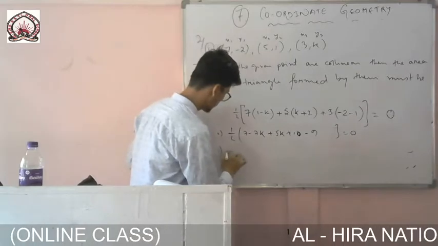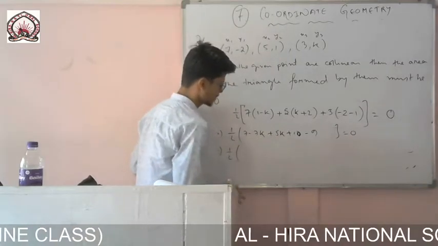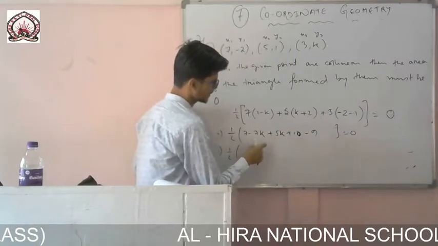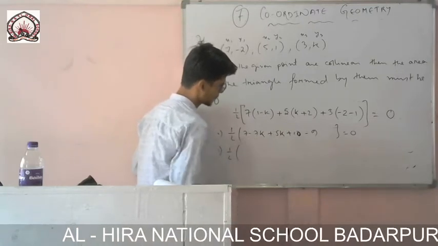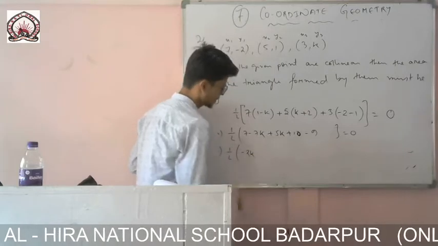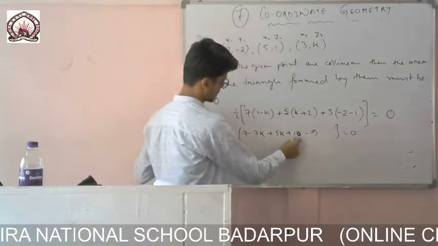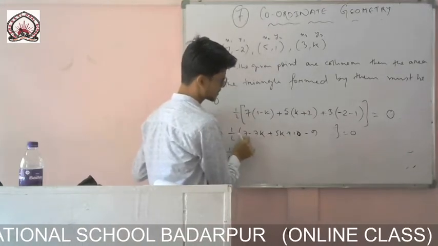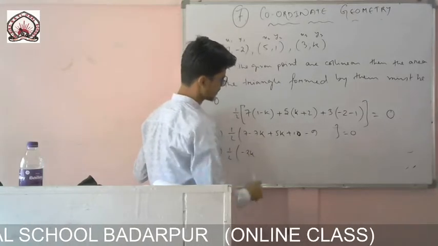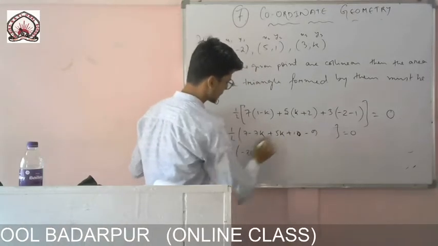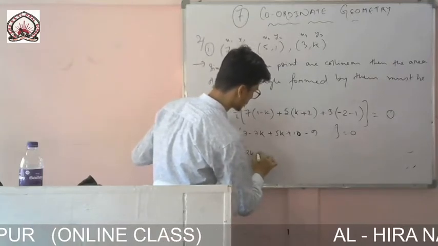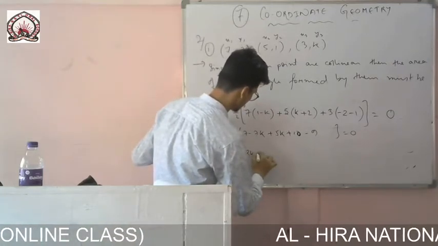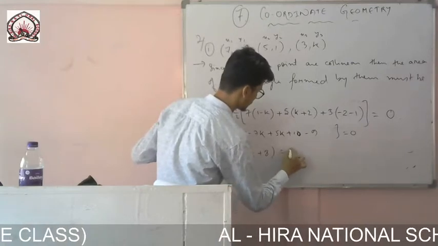Now if I solve it, half into this: 7 minus 2k, and there it will be 10, and this one 7, so 17, and 17 minus 9 will be 8.